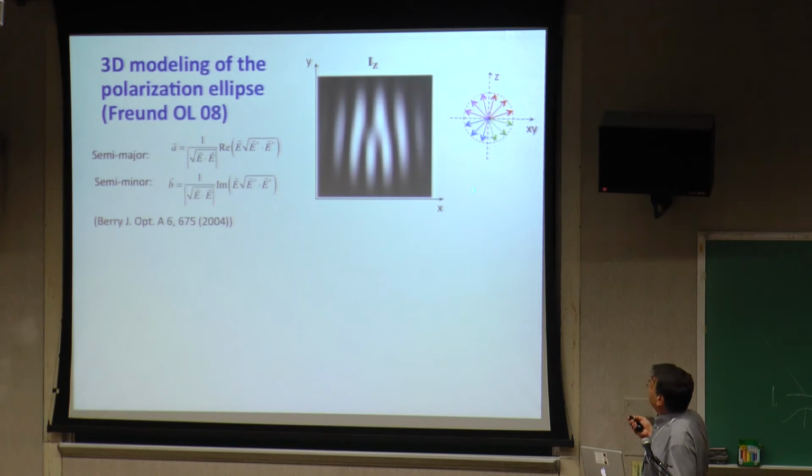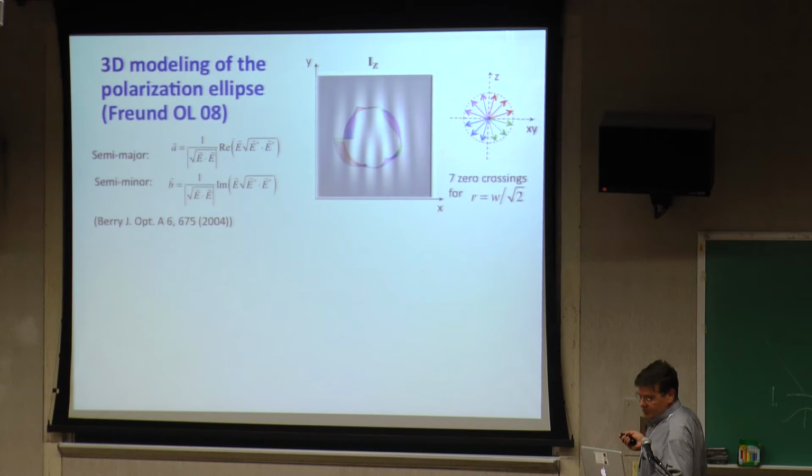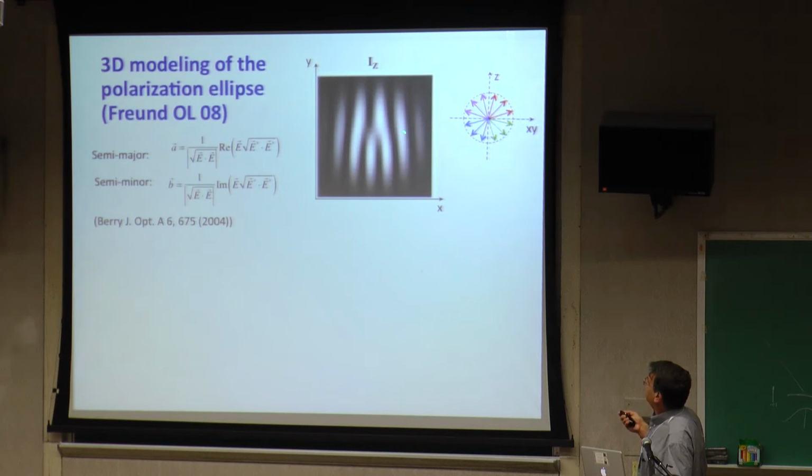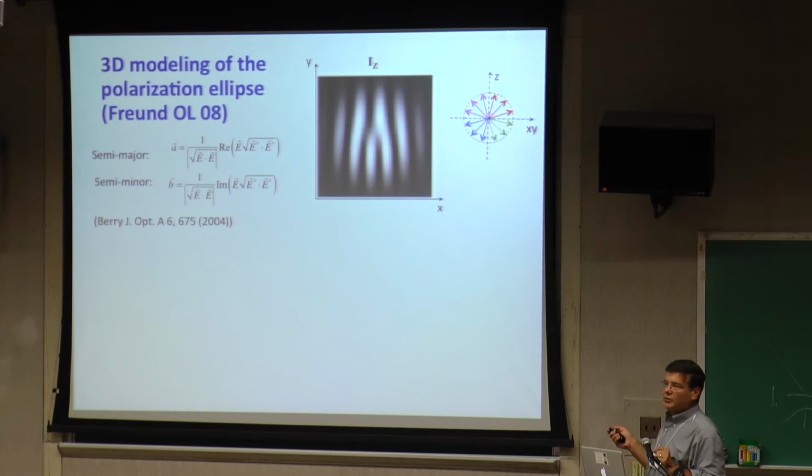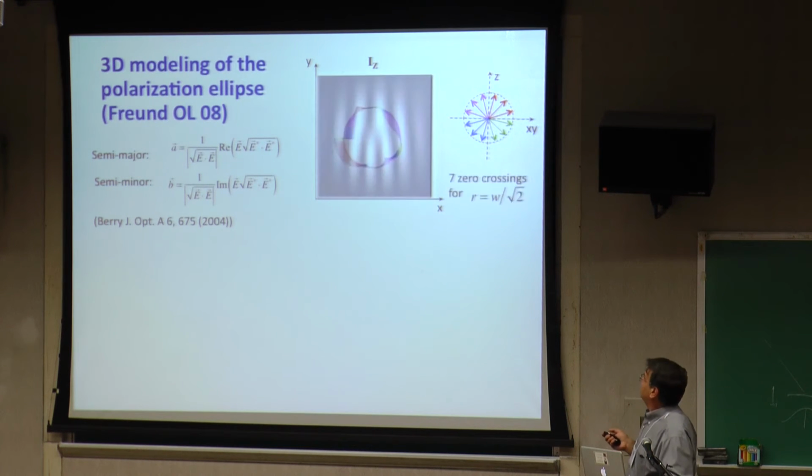Now let's look at the z component, and we can compute the semi-major and semi-minor axes of the ellipse. Let me back up. If you compute, just from knowing the total fields at each point, the direction of the semi-major axis of the ellipse, you get this type of a pattern.